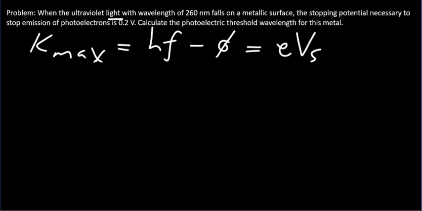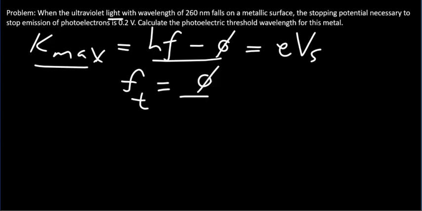The threshold frequency occurs when there are no photoelectrons ejected. It is right at the limit when that happens. So from this equation, that means the threshold frequency is quite simply the work function over the Planck's constant.